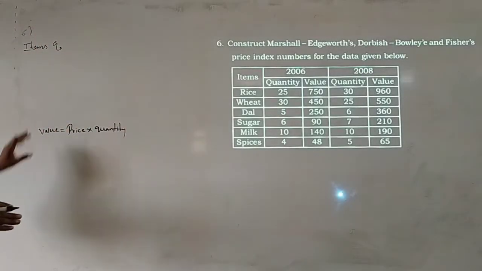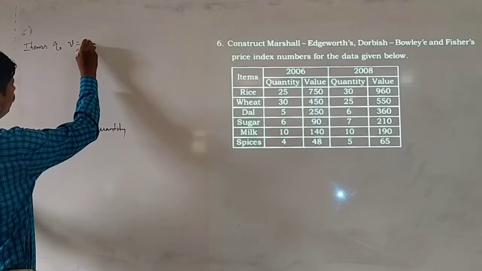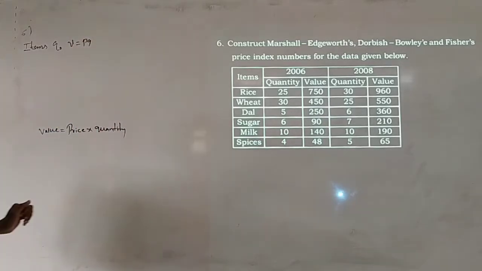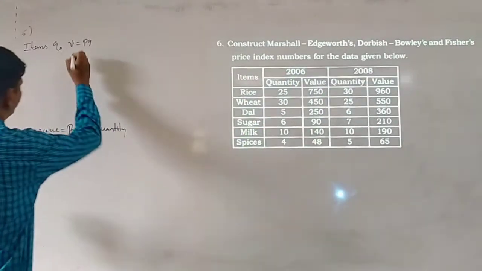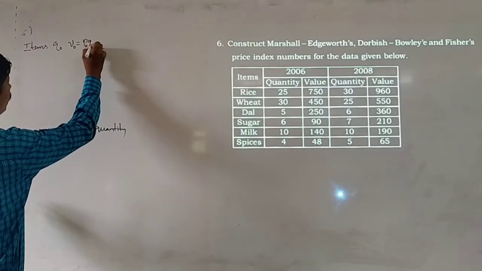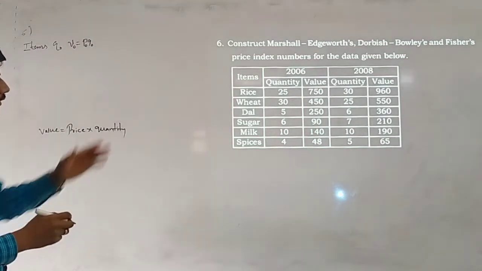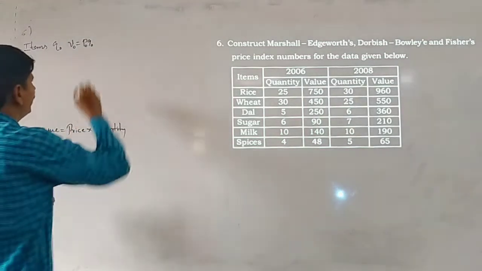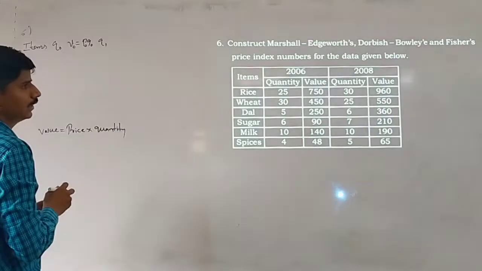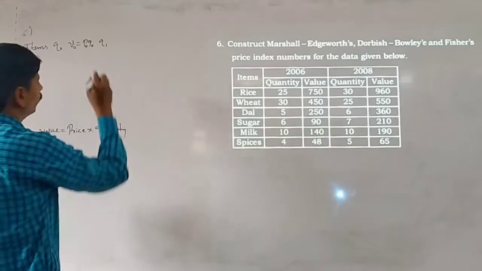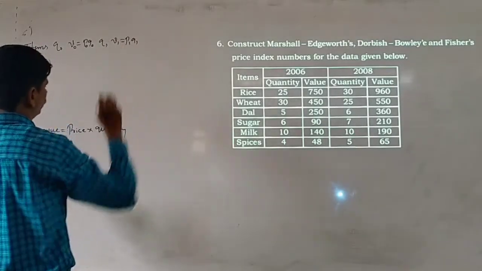Here value is denoted by V, that is V equal to P into Q. Here they are given base year value, that is V0 equal to P0 into Q0. The next one, 2008 quantity is denoted by Q1 and 2008 value is denoted by V1, that is V1 equal to P1 into Q1.